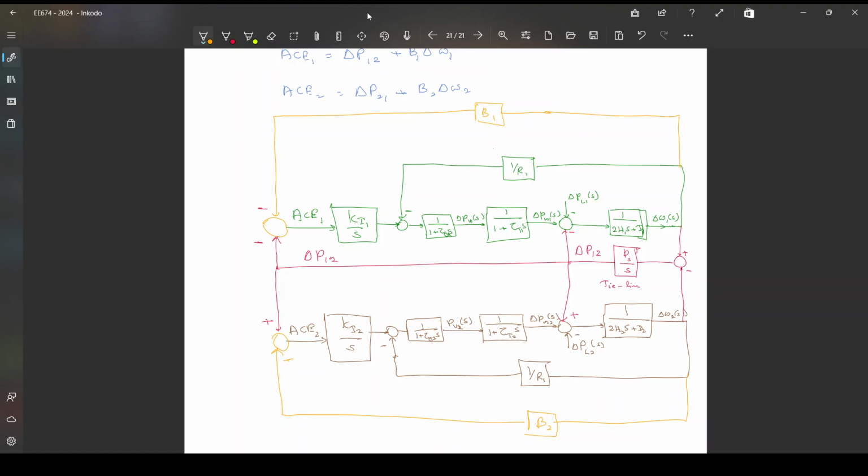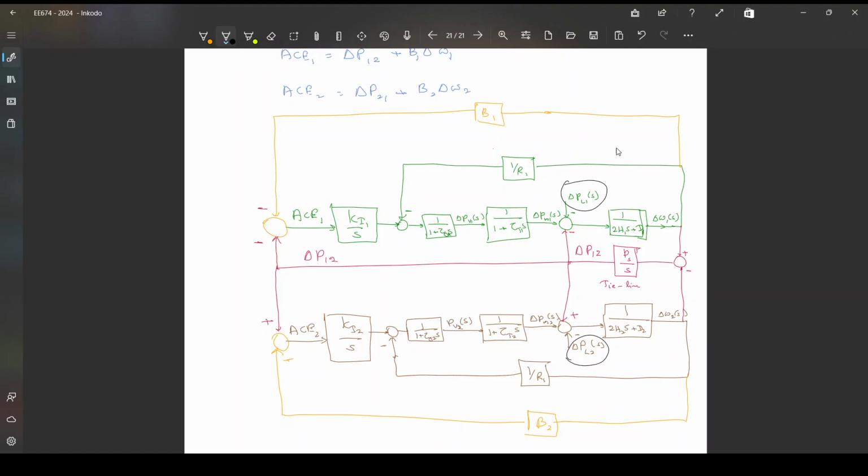So when the load changes, whether you can see this, right? Your load is at these 2 points, the load in area 1 and the load in area 2. You can implement this in MATLAB and change the load in area 1 and see what would be the effect, and then do the same for area 2, changing the load in area 2 while keeping the load in area 1 constant, and see the effect.